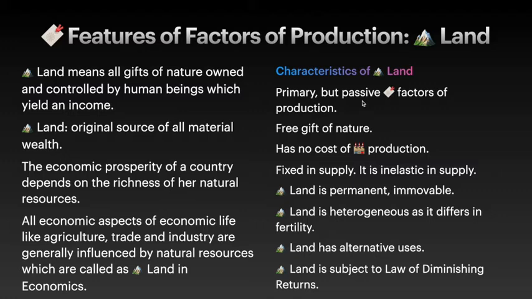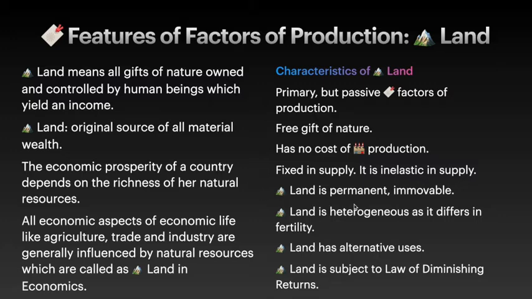Instead, humans act on the land and try to get some output from it. Land is a free gift of nature, and land has no cost of production, and it is fixed in supply and inelastic in supply.